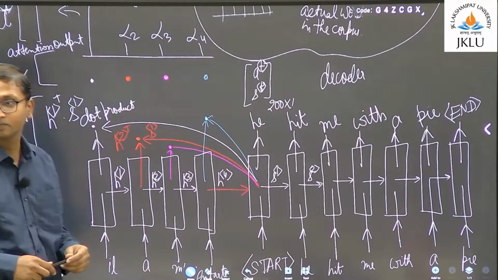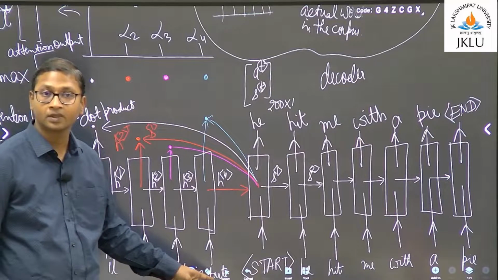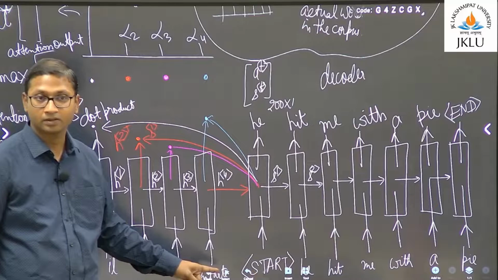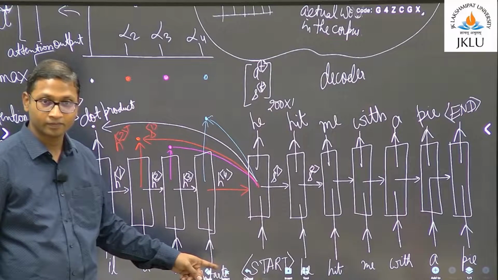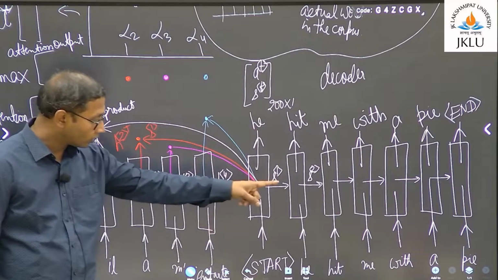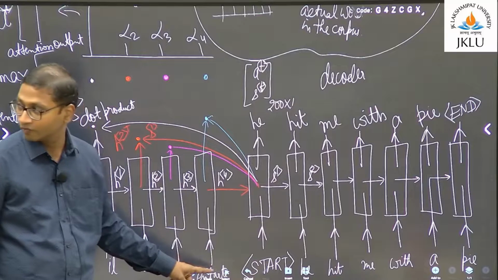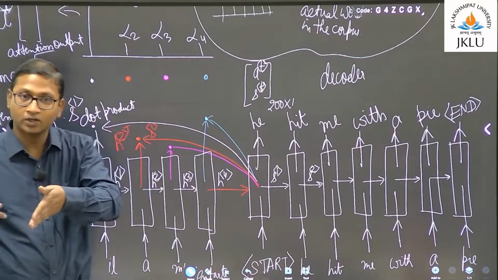So this is Entarthe. All of these words will give high weightage to Entarthe, but not equal on 3.